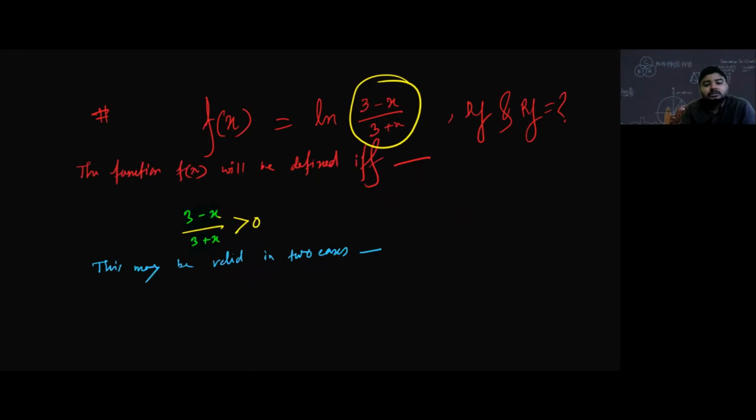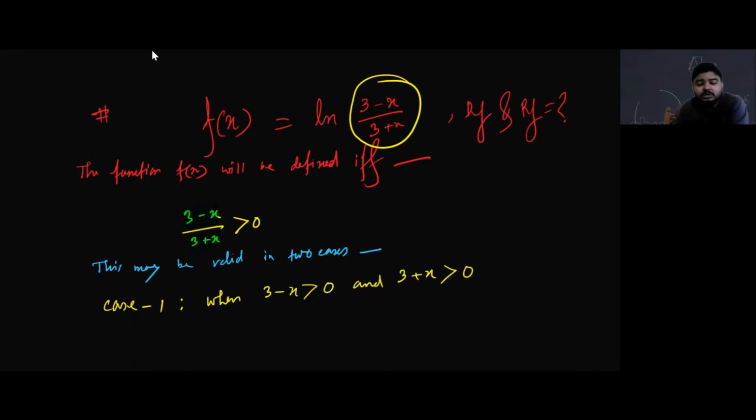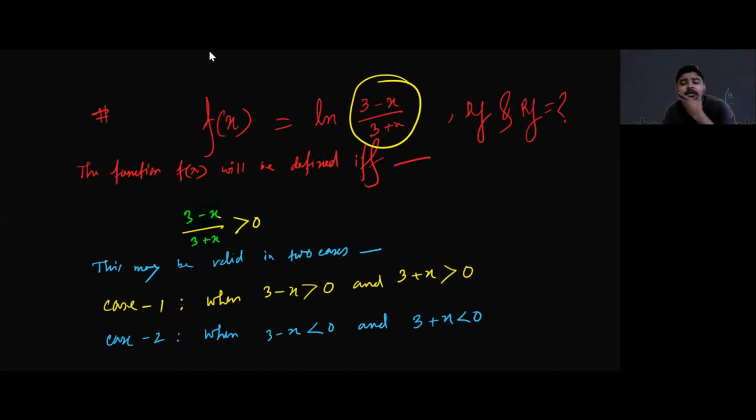Case number one, when the numerator 3 minus x is individually greater than 0, and the denominator 3 plus x is individually greater than 0. And case number two, when the numerator is less than 0 as well as the denominator is less than 0. Okay. So now we have to evaluate these two parts individually, and we have to get the answer.